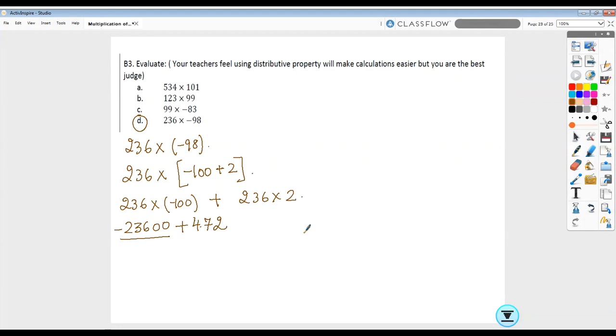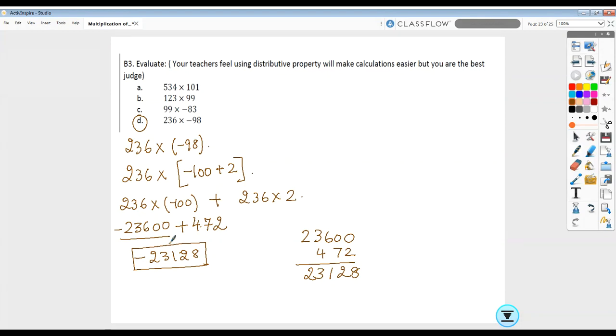So the answer, I can do this here for myself. So the answer is negative 23128.